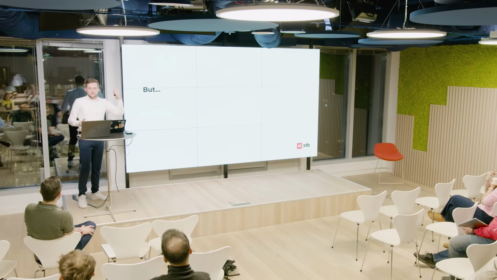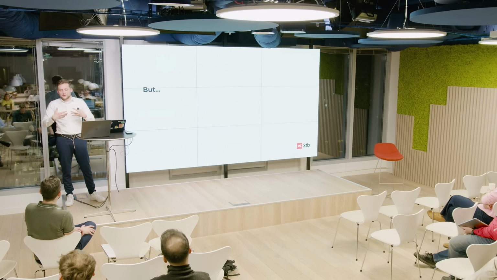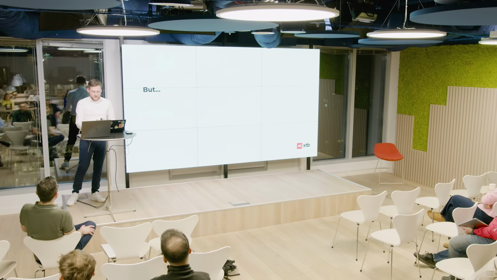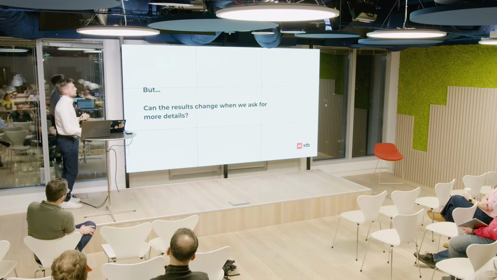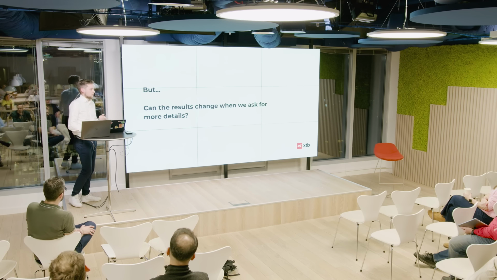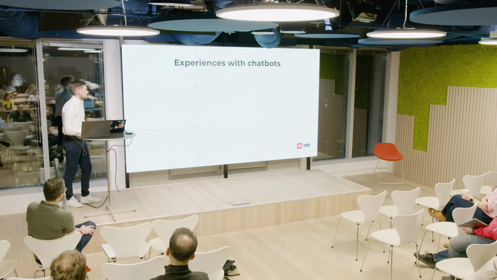We have a list of responses, synthetic and real, and we combine them, and then we count the percentage of consistency. But can the results change when we ask for more details? What do you think? They should, definitely.